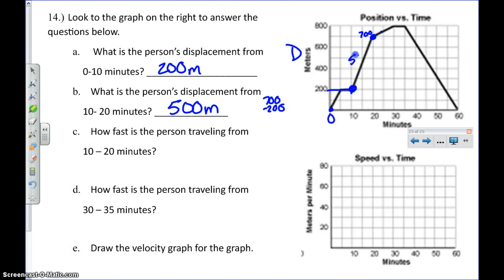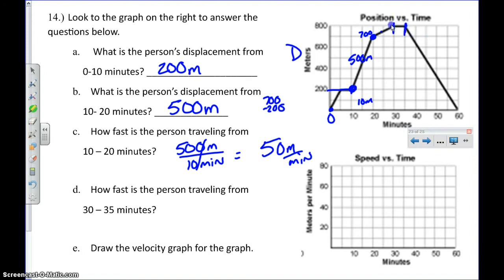Here I went 500 meters, and I did that in 10 minutes, right? So that's 500 meters in 10 minutes. That's going to give you 50 meters per minute.